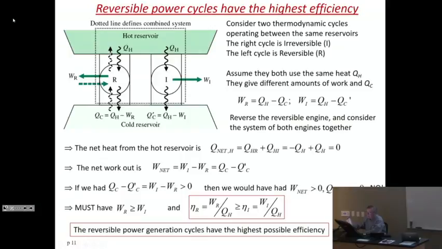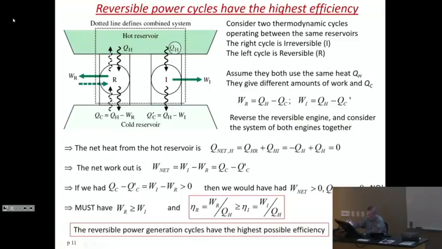All right, so let's take two cycles. On the left, between a hot reservoir and a cold reservoir, we take one cycle that is reversible. So it takes Q hot. This is my reversible cycle. It's a power generation cycle. This is my Q cold. This is my work W R. Now I take an irreversible cycle that has internal irreversibilities.